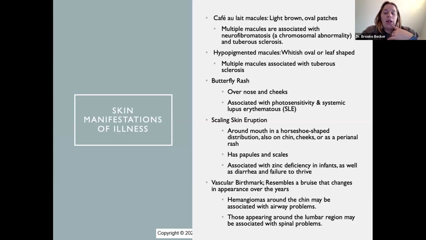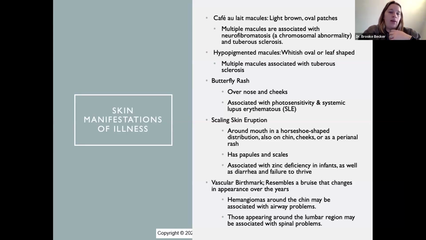And a lot of times they'll become infected with our healthy skin flora. So staph and strep that occur naturally on our skin. These papules and scales open up, so then that staph and strep go right into those openings in the skin.